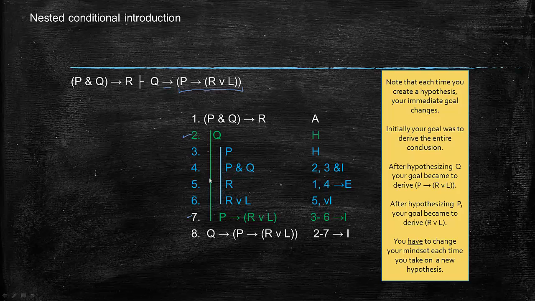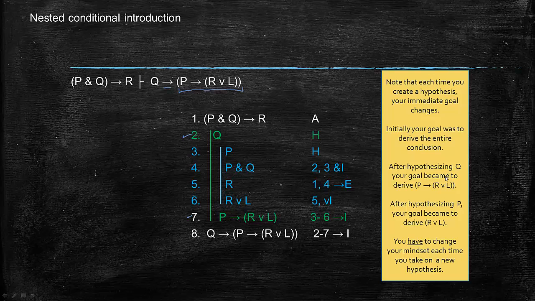Okay, so just to emphasize a few features of this, note that each time you create a hypothesis, your immediate goal changes. So initially, you're trying to demonstrate this whole conclusion, but then you hypothesize Q, and now your focus became if P, then R or L. But after you decide to go ahead and hypothesize P, your goal then became to derive R or L. So initially your goal was to derive the entire conclusion.